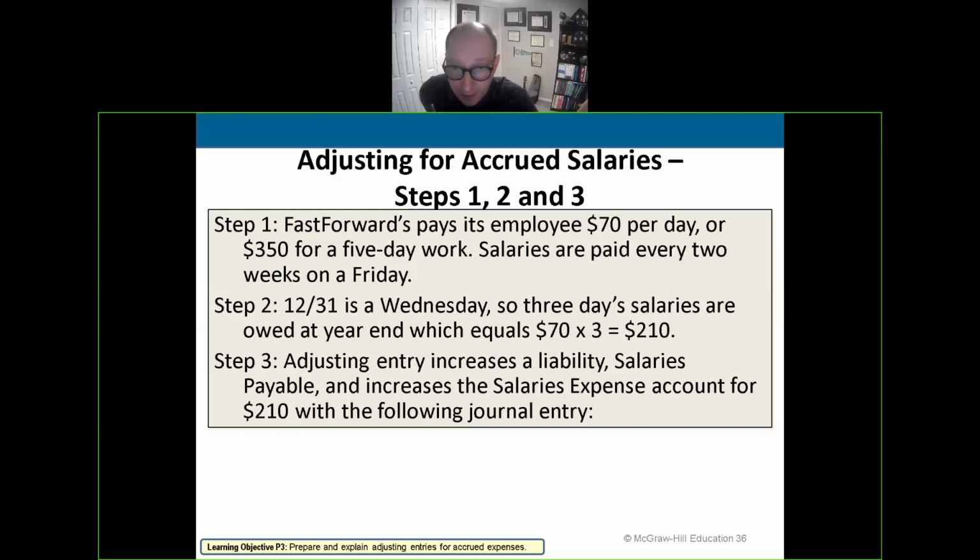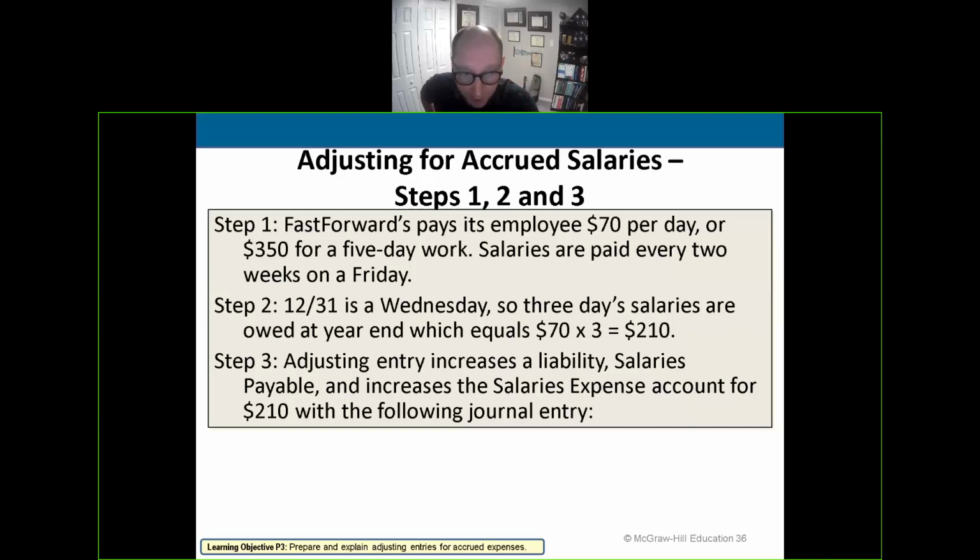So if they make $70 a day, they worked Monday, Tuesday, Wednesday, that's $210. So we make an adjusting entry for the $210 to get that $210 into the month of December. Then the rest of the time, the 2 days, would go into January's.